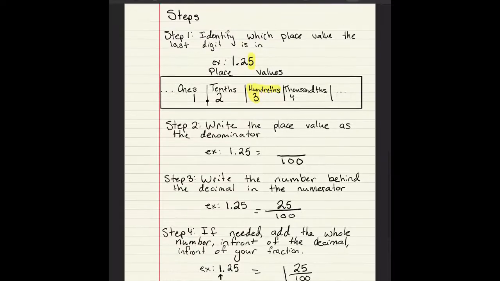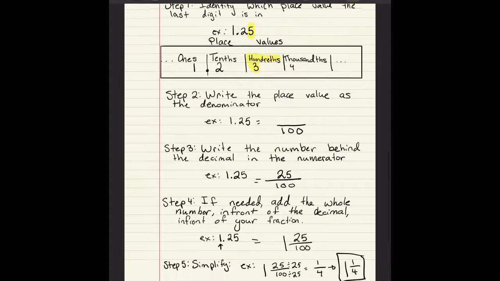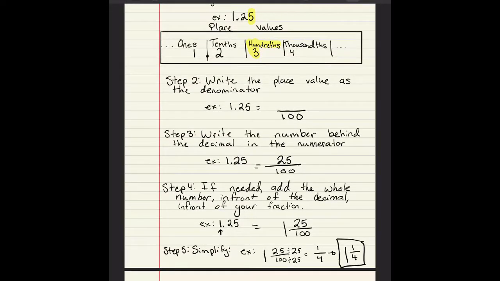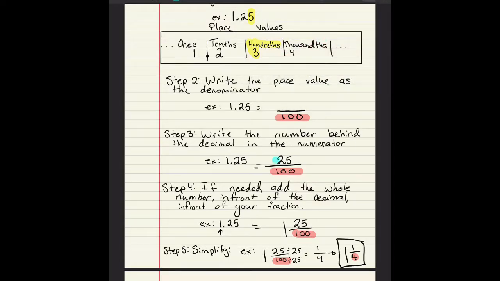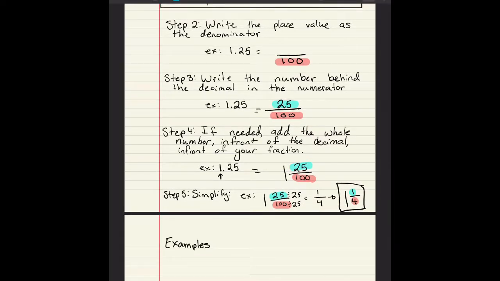I'm going to go in and add some color here. So we had our denominator in red, so I'm going to highlight it red. And we had our numerator in blue, so let's highlight it blue. And let's highlight our whole number green.